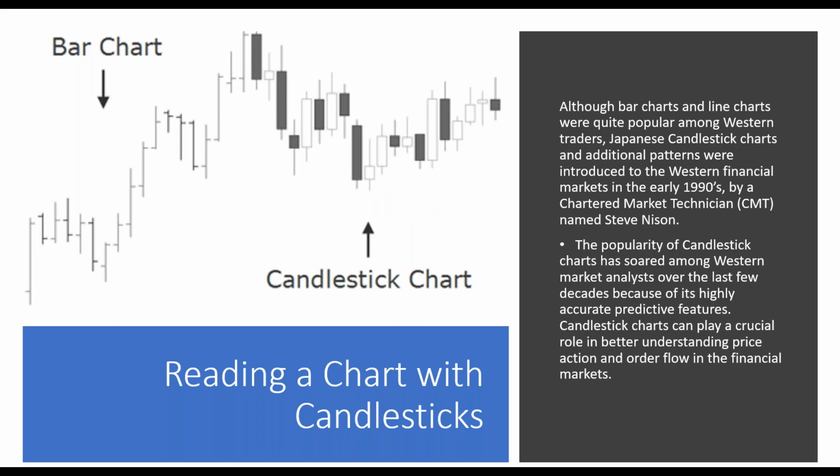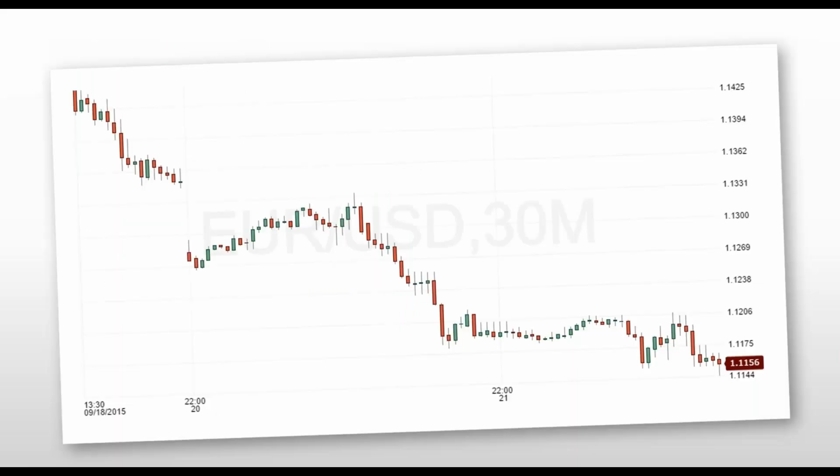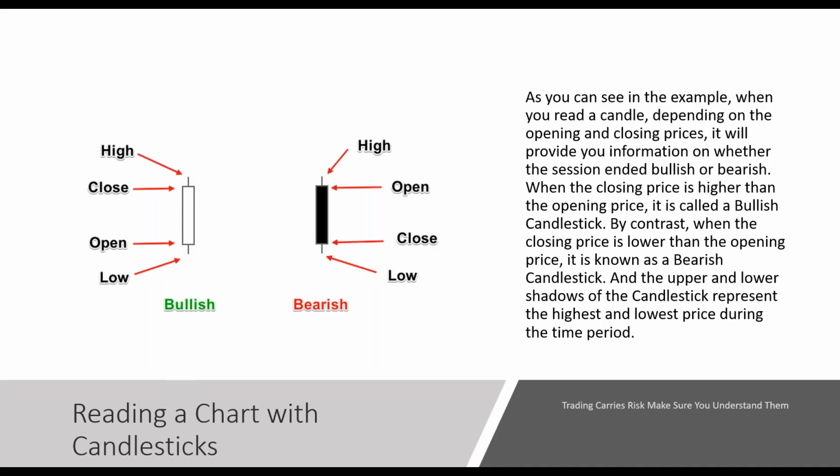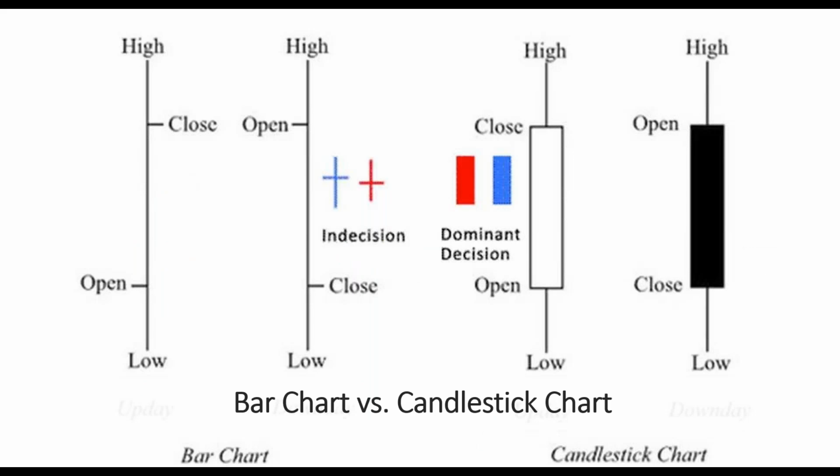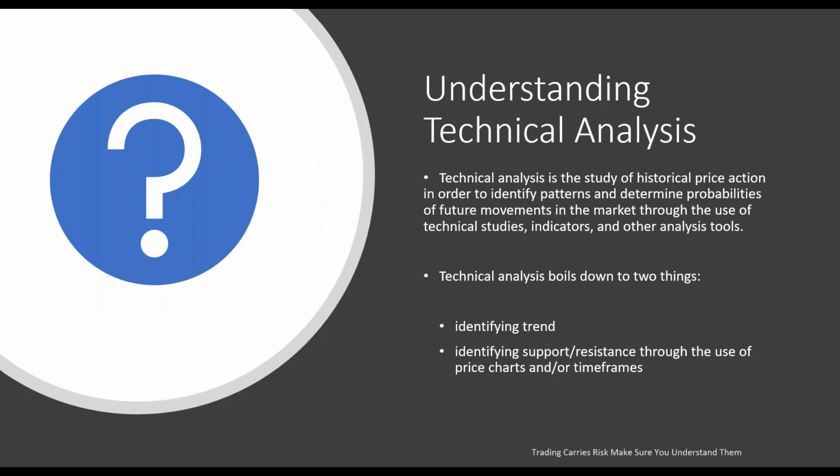So as we notice here, we have candlesticks and bar charts. Candlesticks and bar charts use the exact same pieces of information. They use the open, the high, the low, and the close. So even your charts only use this information.